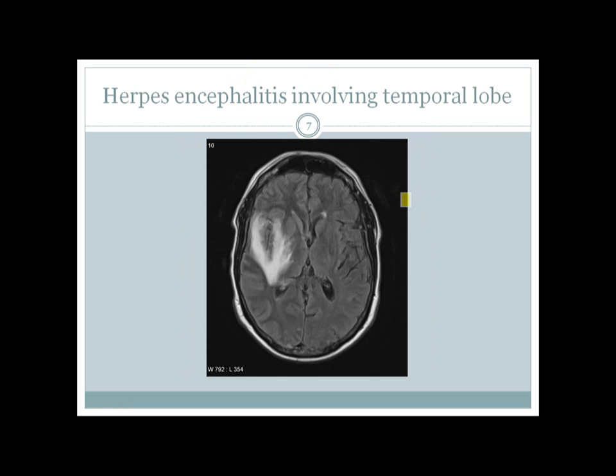And here you have an MRI of a patient, and this is the right side, and this is the left side, and this is the frontal, this is the temporal, and this is the occipital lobe here. Especially in the right temporal lobe, you have some homogeneous opacity or density, and it is actually due to herpes encephalitis that involves the temporal lobe of the right side.